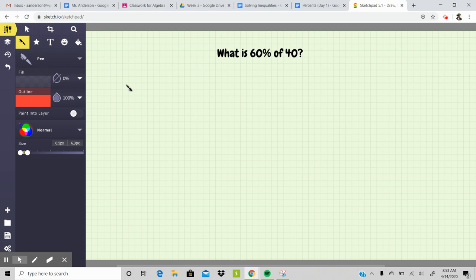It is part to whole, or part over whole, however you want to say it, equals the percent over 100.